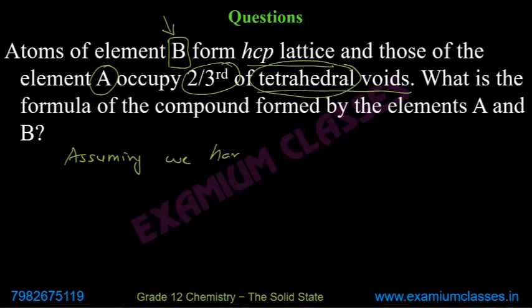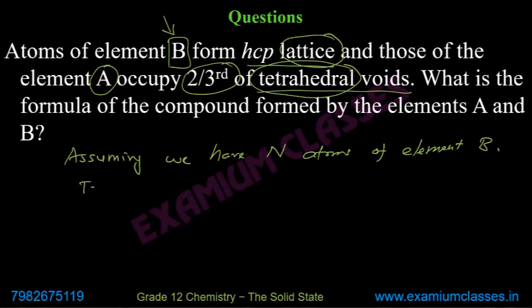So normally, you will say, assuming we have n atoms of element B. You will always assume the atoms of that particular element which is forming the lattice. So here B is forming the lattice. You will assume that it has n atoms.